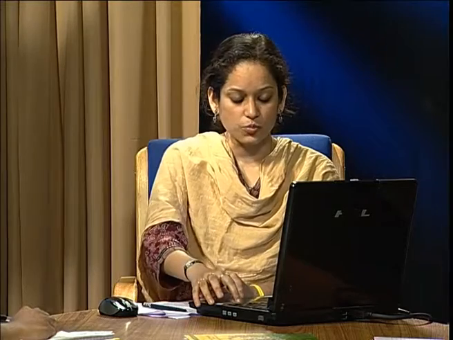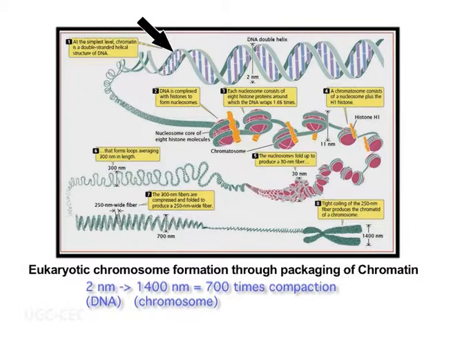So, let us once more enumerate the different steps in the packing of DNA of eukaryotes into chromosome. As we can see in this diagram, the first stage is the simple DNA double helix with a diameter of 2 nanometer. Now, this is folded in the form of the nucleosome, which is the first level of packaging.